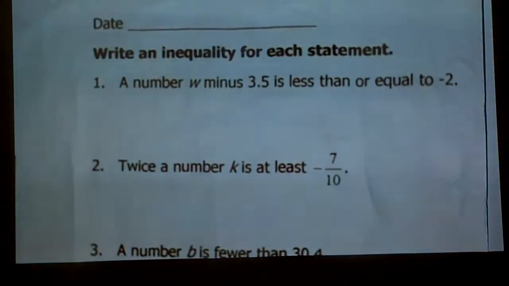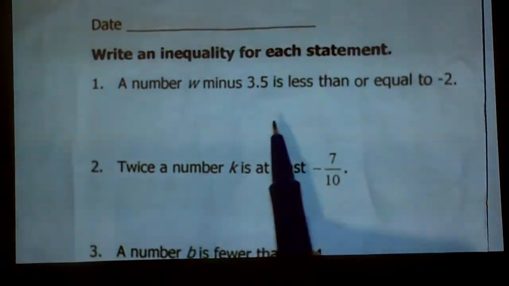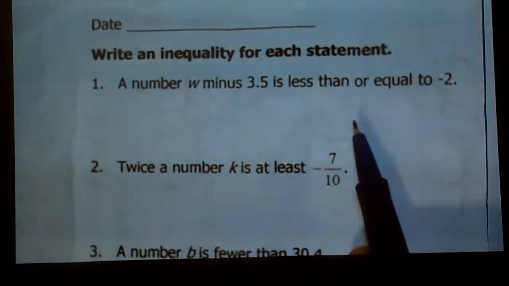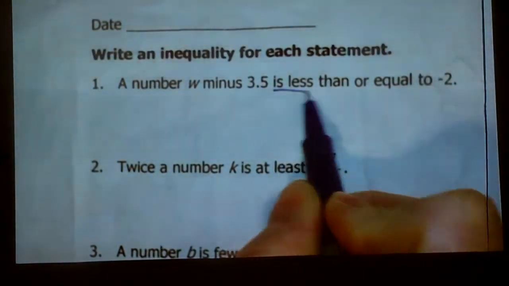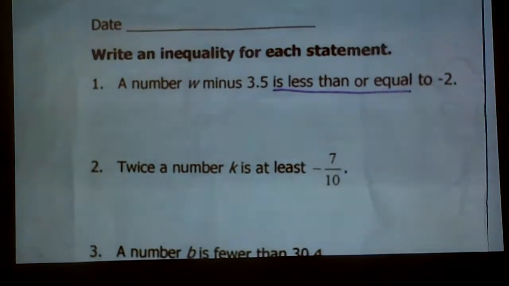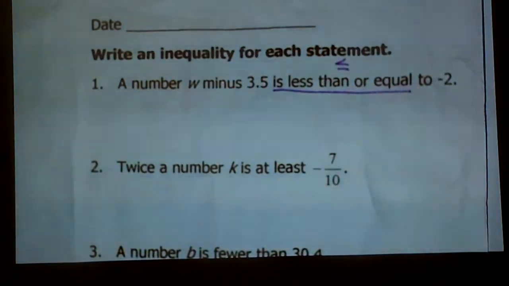Alright, so your first task here is to be able to take a number sentence that's written verbally and write it as an inequality. So we're going to use some of those keywords to help us out. It says a number W minus 3.5 is less than or equal to negative 2. Alright, first off, our keywords is less than or equal to. If you look over at your chart, less than or equal to is represented by that.